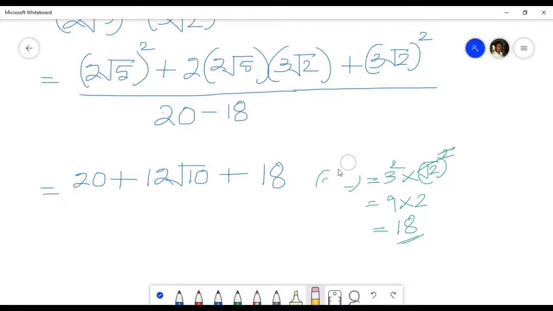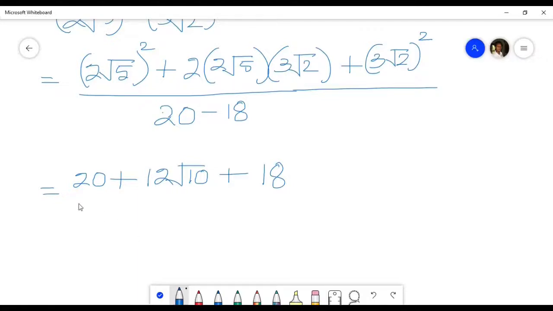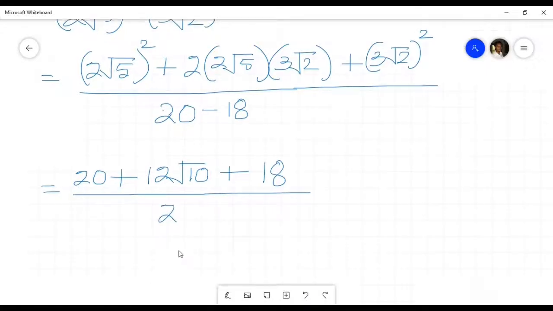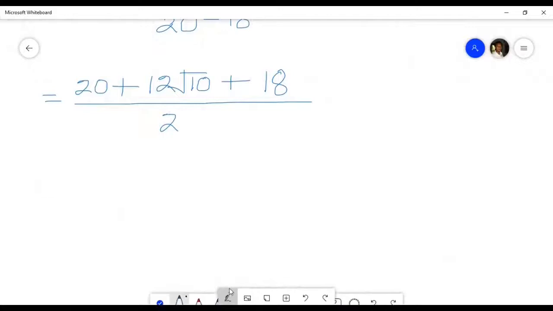And let us solve the denominator now. 20 minus 18. So how much is 20 minus 18? It is 2. Now we are close to the answer. Let's see the next step. Now if you see the numerator, which is a common multiplier for these 3 terms? The common multiplier for these 3 terms is 2.